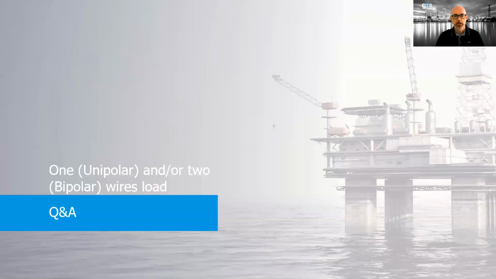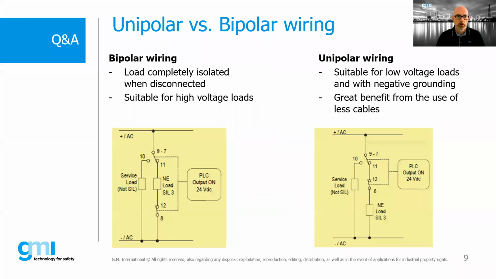Well, another typical question is regarding unipolar or bipolar wires load. The safety relay can be connected in unipolar or bipolar configuration, but what is the main difference between the two solutions?